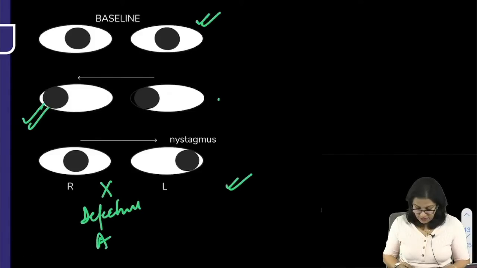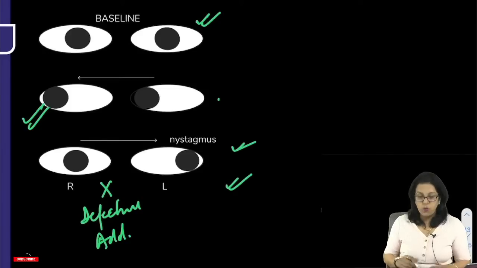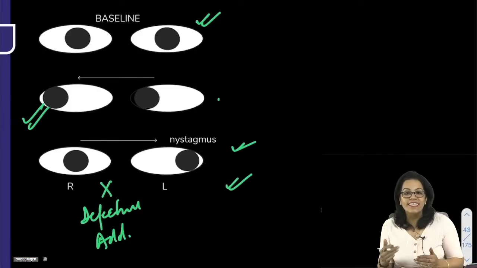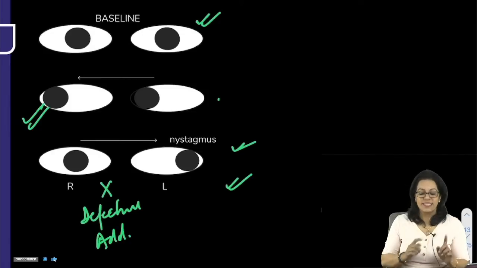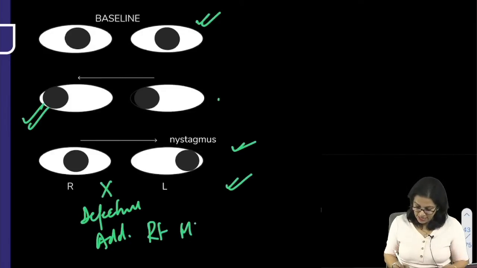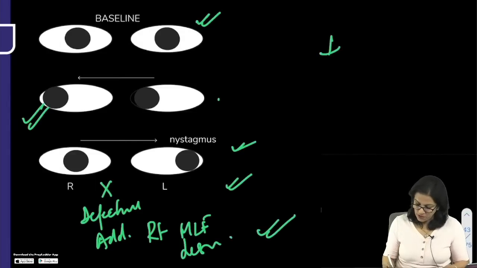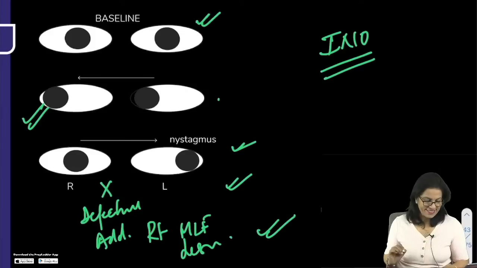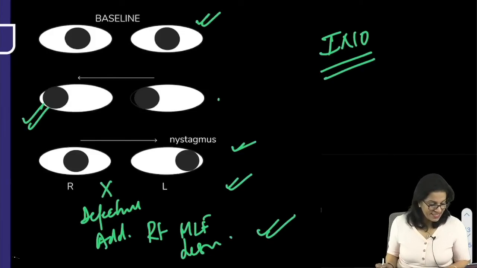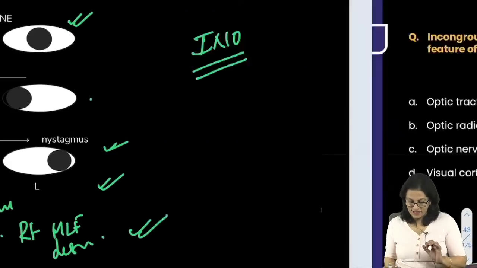If there is a defective adduction on the right side and on the left side there is ataxic nystagmus, which sided MLF lesion is this? Now you will answer it's a right MLF lesion. So here the answer is right MLF lesion. This is a case of internuclear ophthalmoplegia. Right? Great.